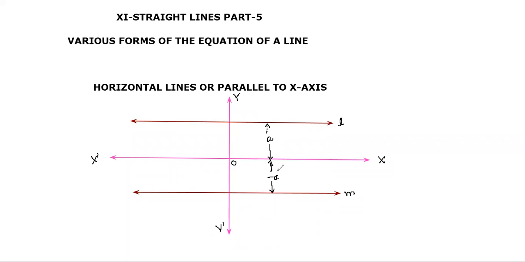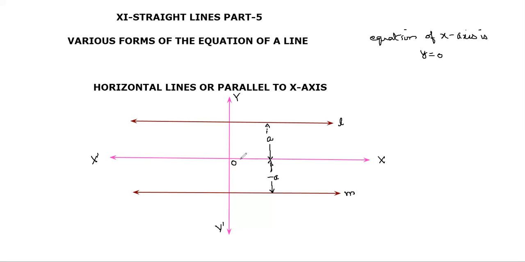Minus A. What is the equation of the x-axis? If you remember the equation of the x-axis, you can easily understand. The equation of the x-axis is y is equal to 0.